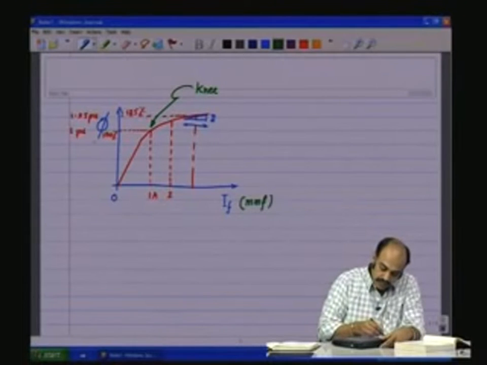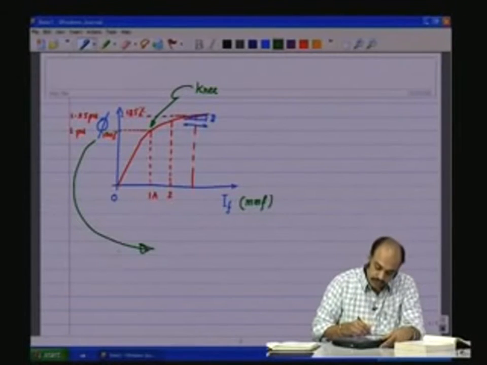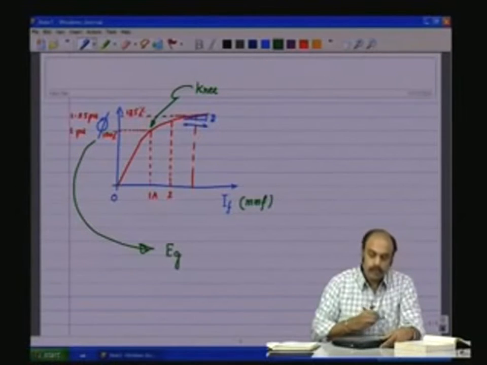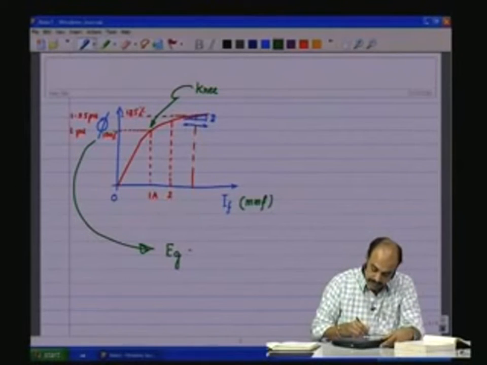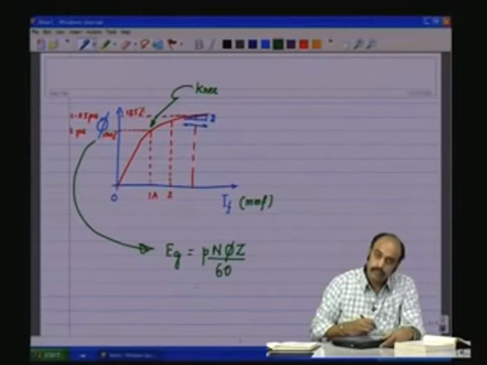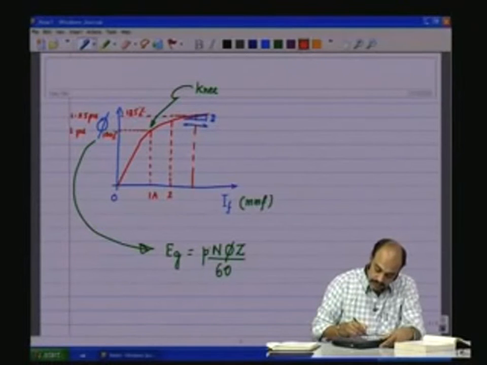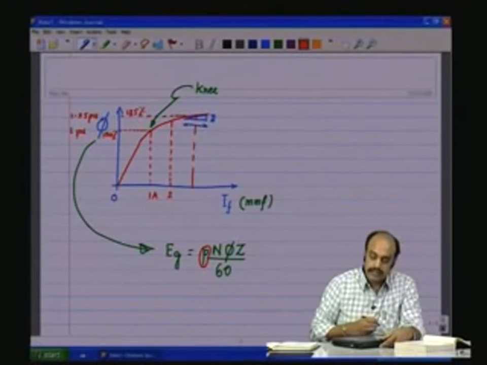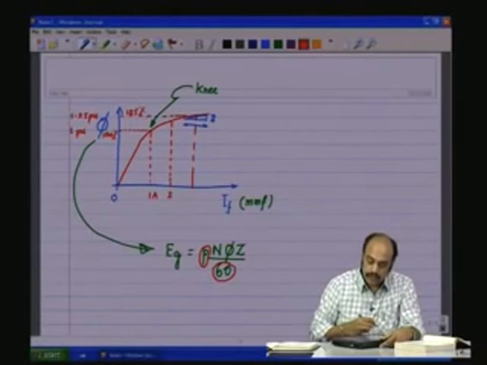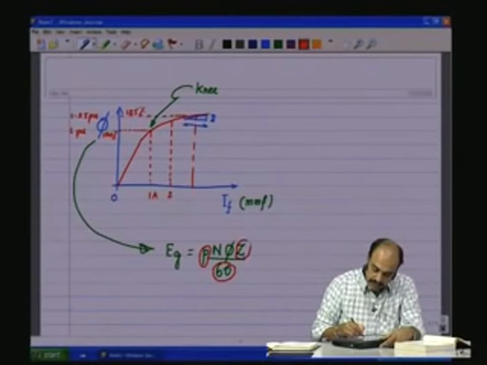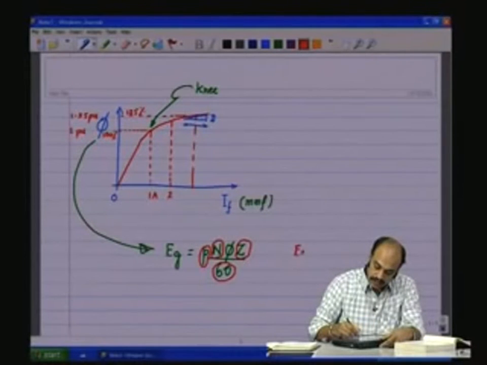Now, this flux is used for obtaining the generated voltage across the brushes, which is given by P n phi Z by 60. For a given machine, the total number of conductors is a constant, and for a given speed of rotation, E_g is proportional to the flux.